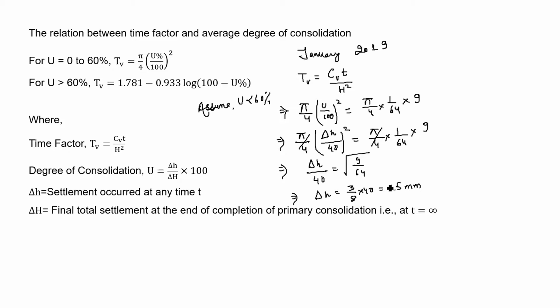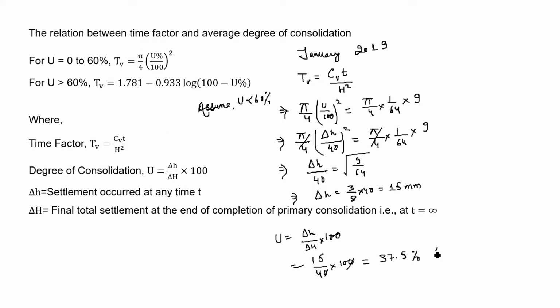But now we also need to verify the assumption. So just find the degree of consolidation. Degree of consolidation is equal to del h by del capital H into 100. So del h we found is 15 mm divided by 40 into 100, which will be 37.5%.